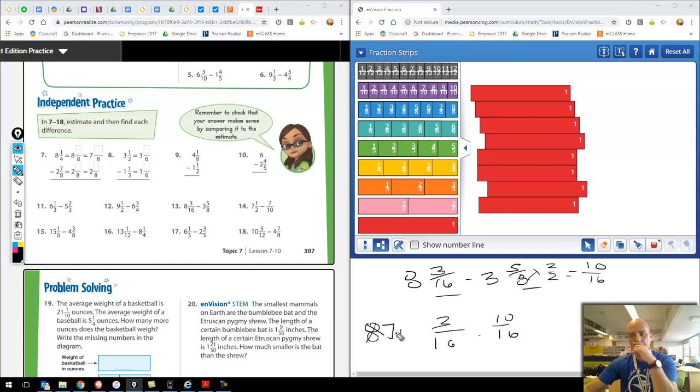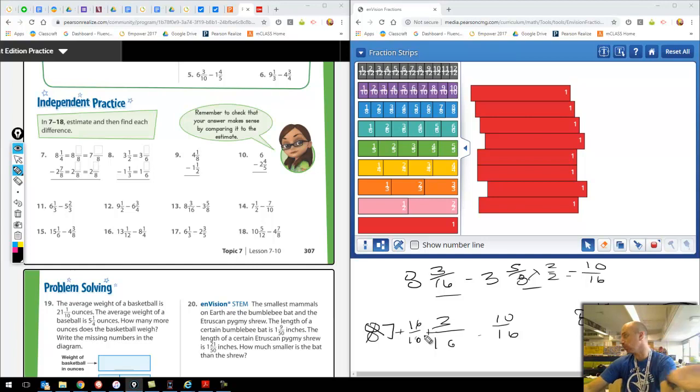Then I'm going to add in 1, which would be 16/16. Now I can take 16/16 plus 3/16, and rename my 8 and 3/16 as 7 and 19/16. Now I can subtract 10/16 from that, and 19 minus 10 equals 9/16. And I'm left with 7 and 9/16.